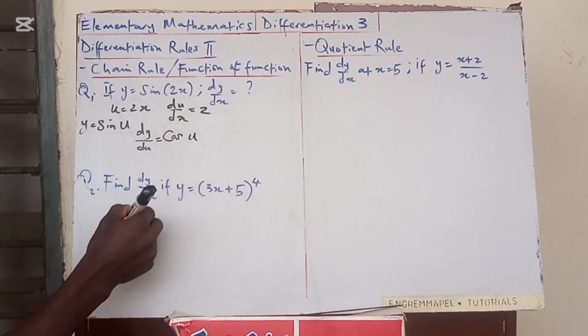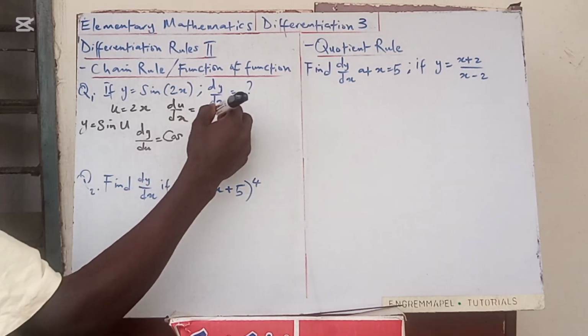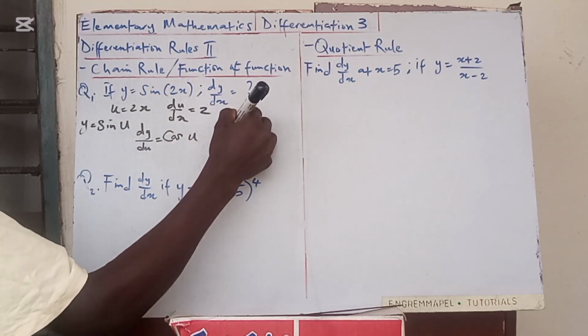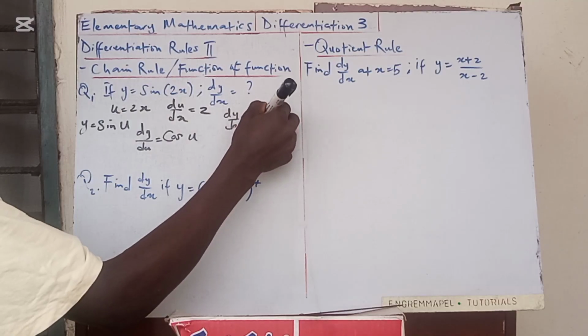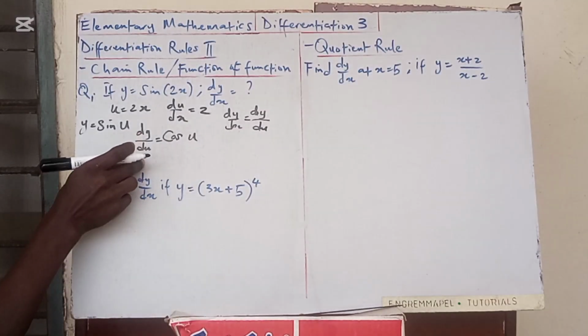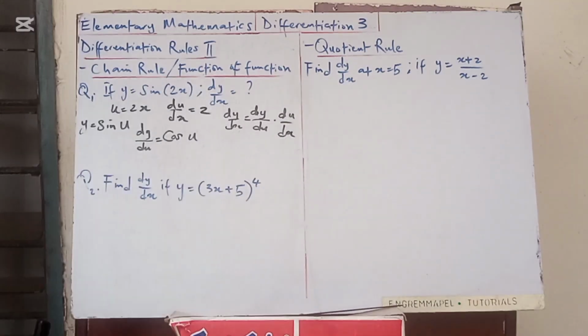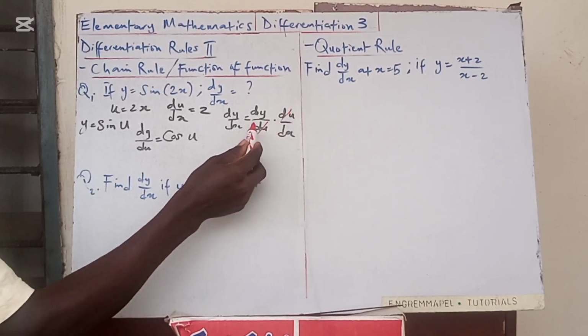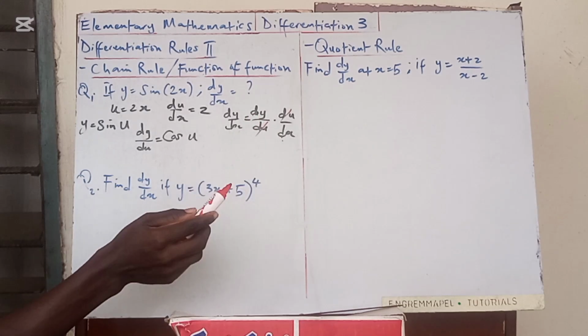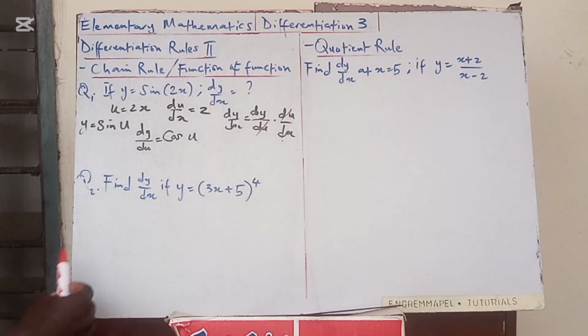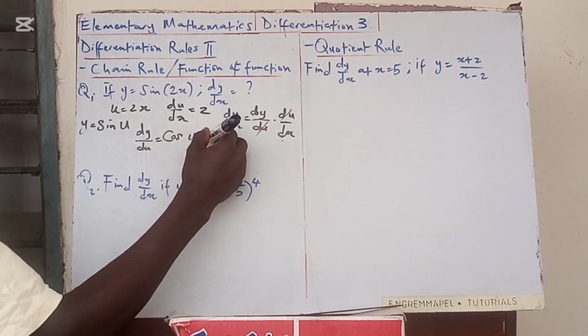cos u. So now if you want to activate the chain rule, that will be dy dx equals dy du, that's this, multiplied by du dx. Now this is the logic. The logic is that when du cancels du, you have your dy dx again. So that means this equation is balanced. Now you have to insert.